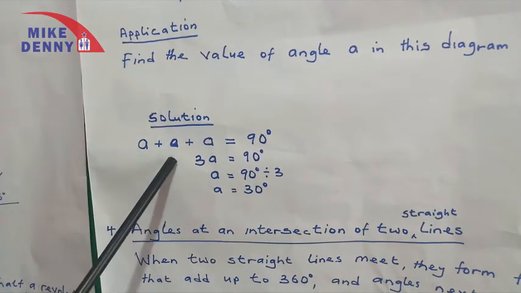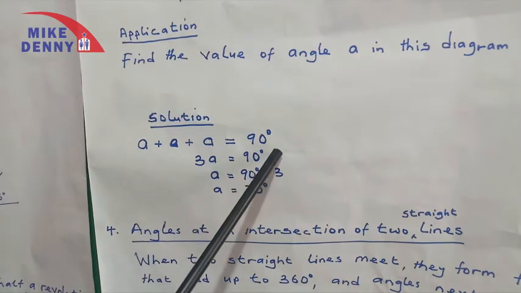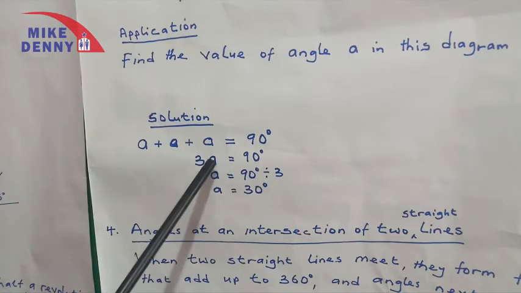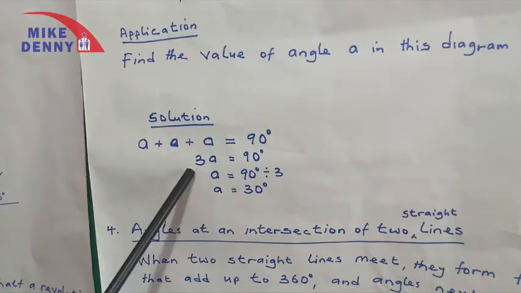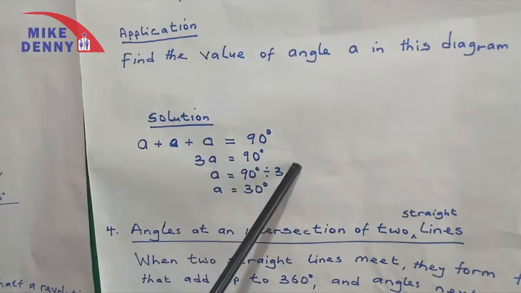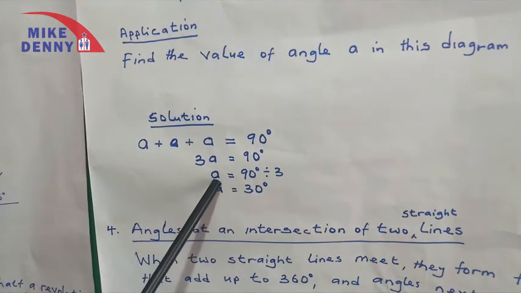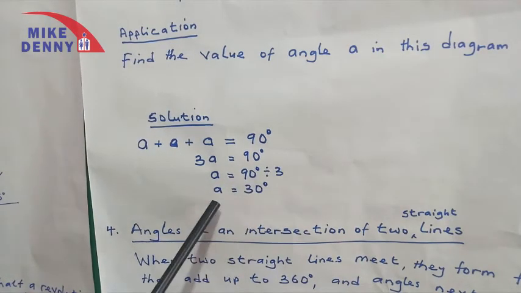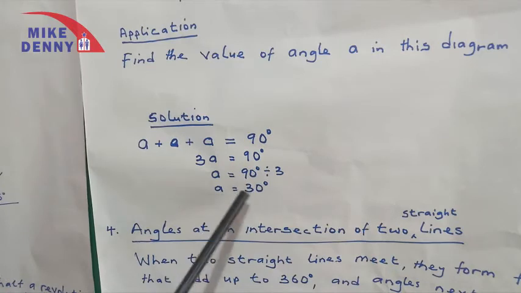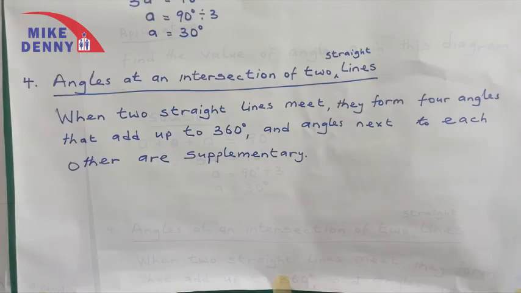If A plus A plus A equals 90 degrees, it means 3A equals 90 degrees. If 3A equals 90 degrees, then 1A should be 90 degrees divided by 3. And therefore A equals 30 degrees.